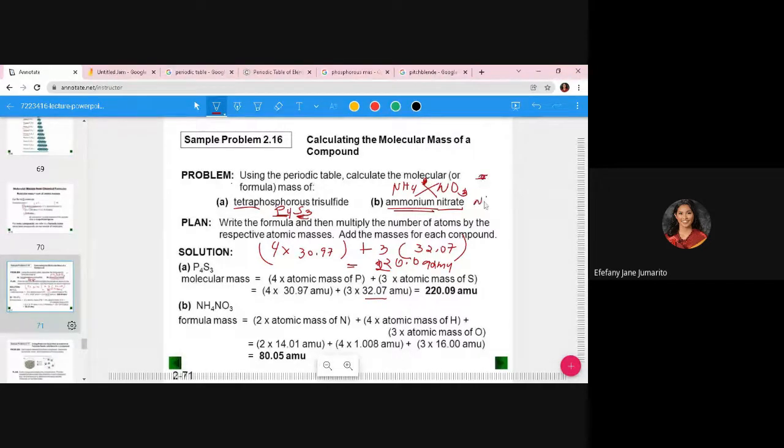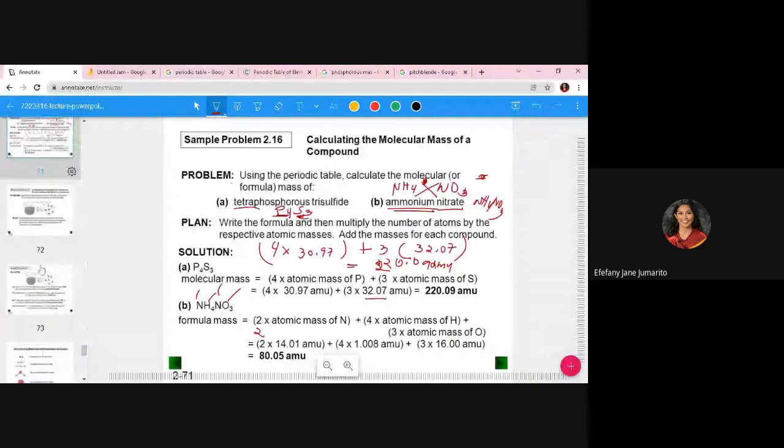Okay, so NH4NO3. Then 2 nitrogen, upat ka hydrogen, 3 oxygen atoms. Okay, so kabalo na. Okay ra?